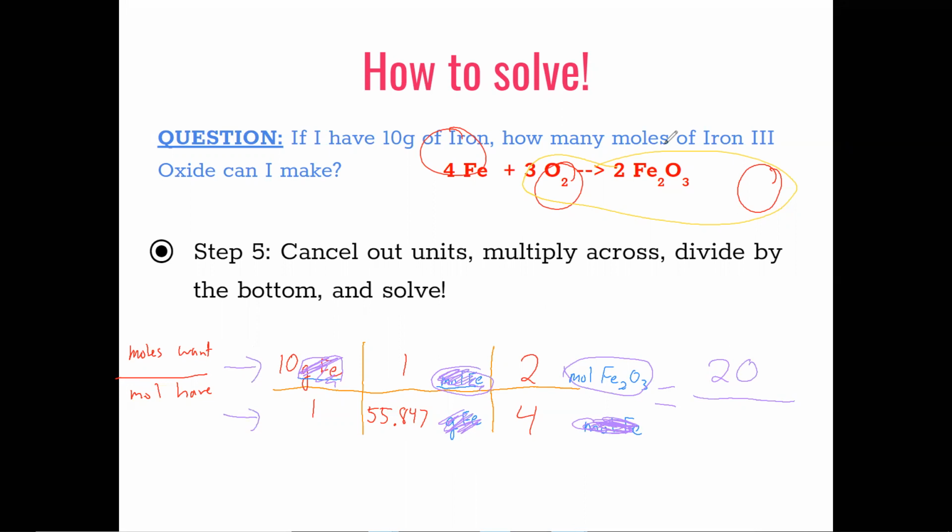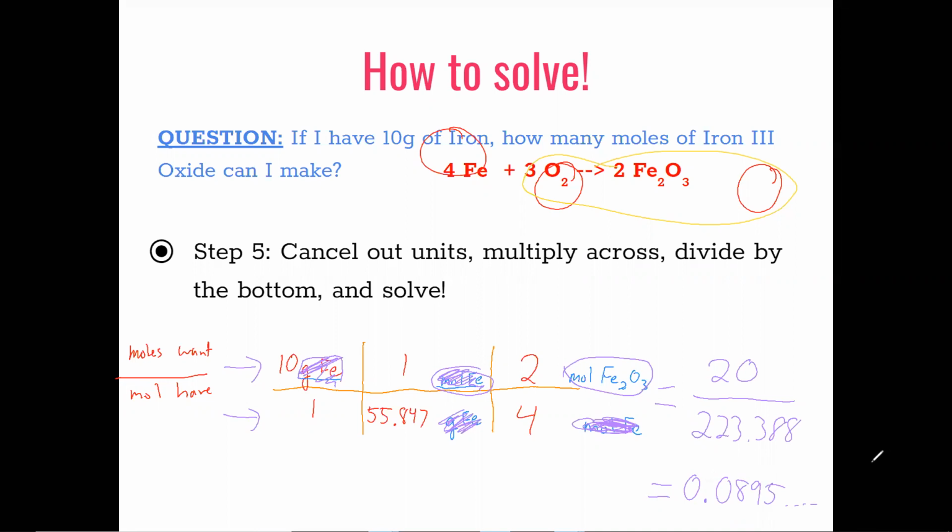And that is going to give us 223.388 on the bottom. And then we divide and we solve. So once we divide 20 by 223.388, we're going to get 0.0895, and so on.